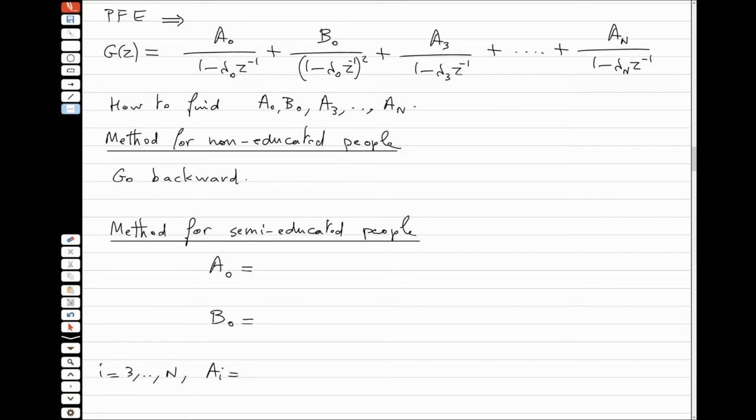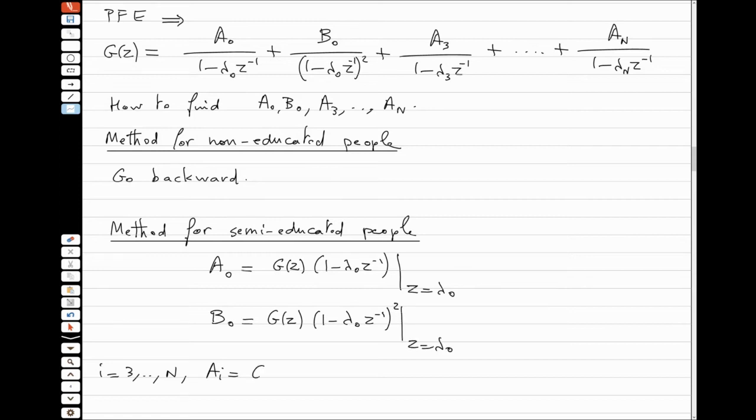So I believe that A naught would have an expression like that. I'm just trying to imitate the second order case. I would believe that something similar could be written about B naught, provided that you put a square.